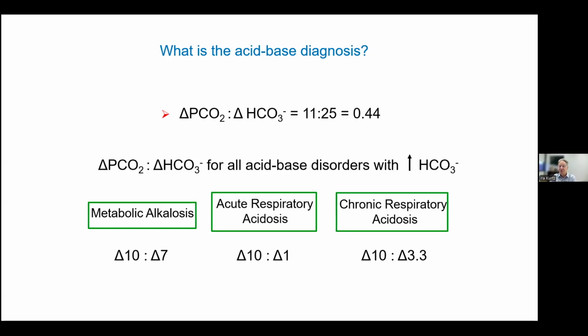And in chronic respiratory acidosis, it's a change of 10 to 3.3. The first one should actually be flipped because we're taking the PCO2 first in this particular depiction. So the PCO2 would go up by 7 for every 10 increase in the bicarbonate.